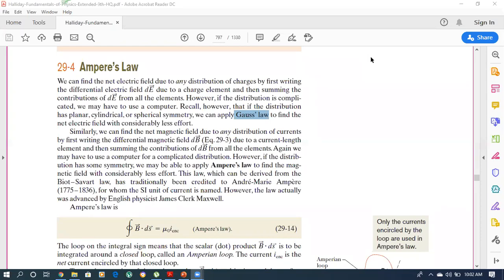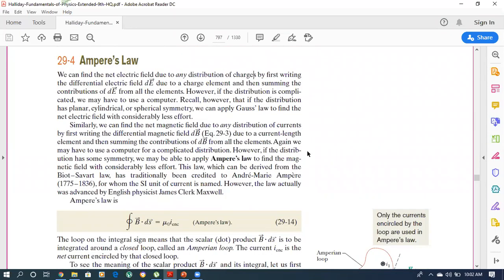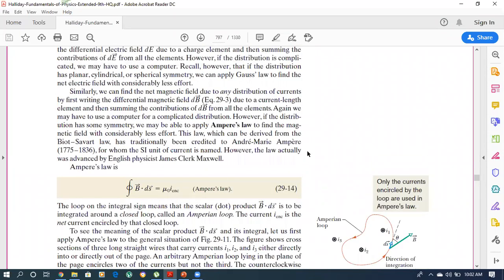Now, here the charges are not stationary, so current is flowing. What we did in Gauss's law was consider some imaginary surface around the charges.